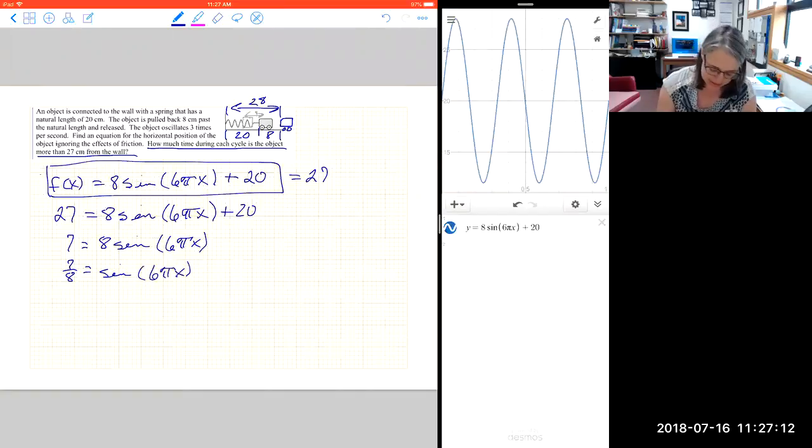Now remember how I like to do these. I'm going to make a substitution so that theta equals 6 pi x. So I've got 7/8 equals sine theta.